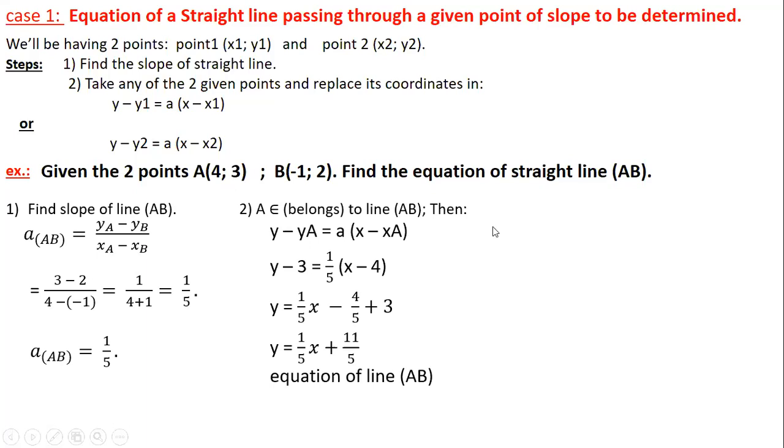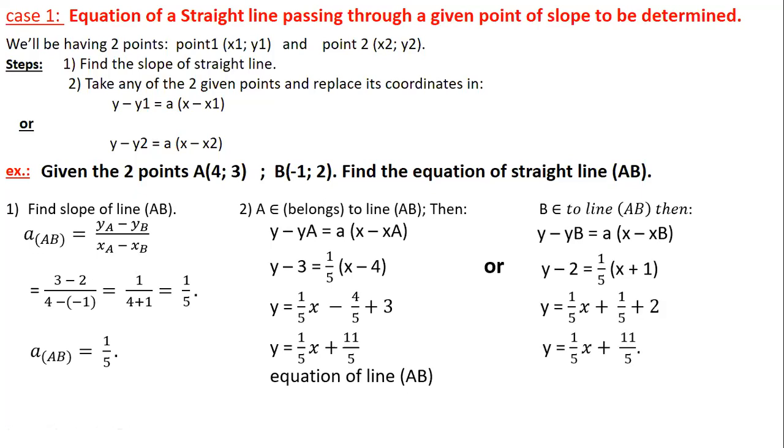I will say B belongs to the line AB. I will replace B in the equation, so y minus yb equals slope into x minus xb. I replace the ordinate of B, the slope is 1/5 and xb is -1. Let's replace. See, we will get the same equation of line AB.